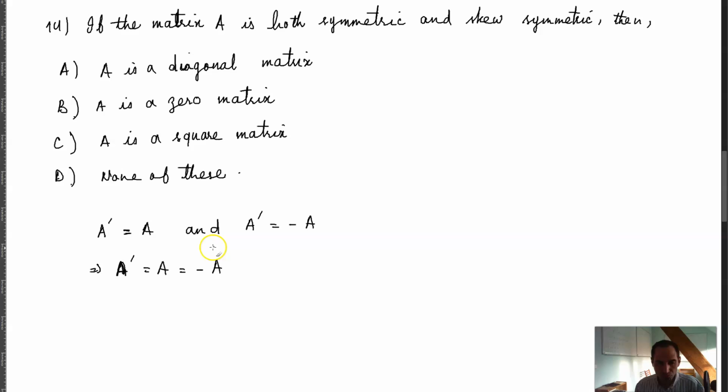Now the way that you can answer this question, you know that a zero matrix is always symmetric and skew symmetric, meaning that A is equal to negative A in the case of any zero matrix of any dimensions, and also A is equal to A prime in the case of any zero matrix.